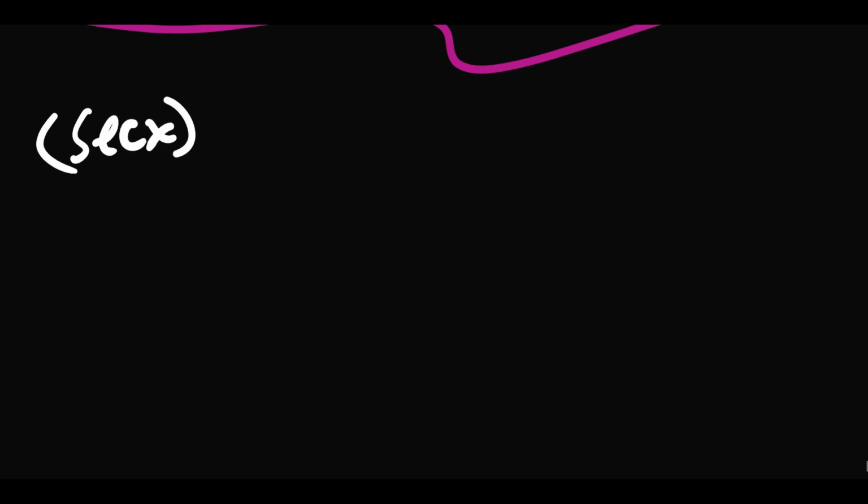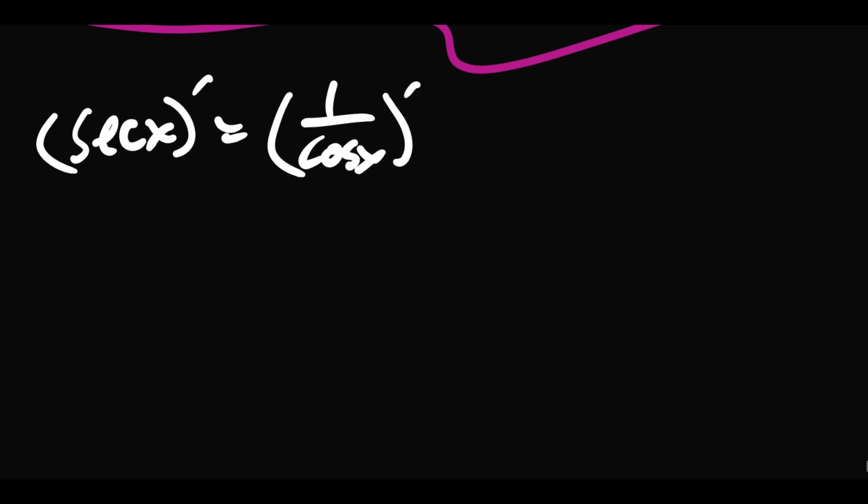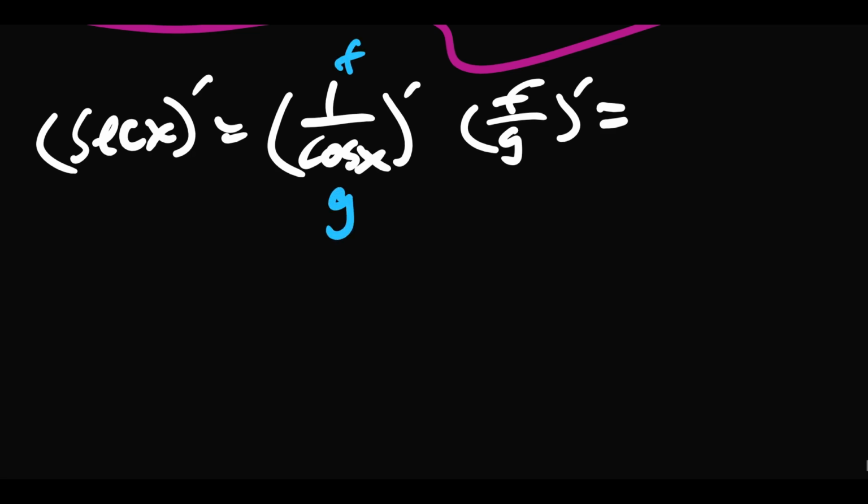Now, let's do secant. Suppose on a test you forget secant, so you want to find the derivative of secant of x. Well, secant is also known as 1 over cosine of x. So you take the derivative, and we're going to use f over g prime, because the top is f and the bottom is g.